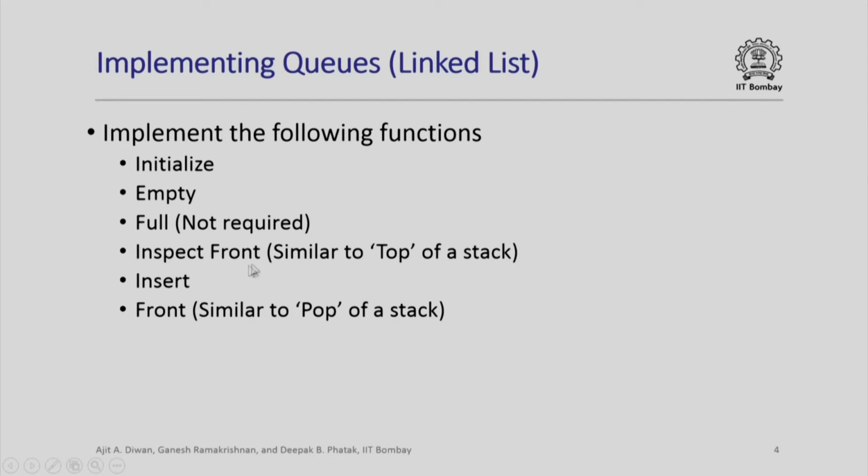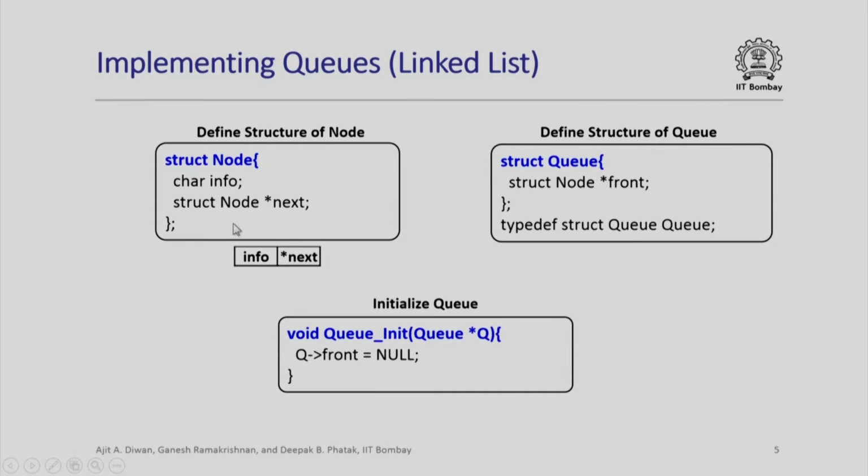Inspecting front, which is similar to the top of a stack, we will need a function to insert an element in the queue. This is a bit tricky because insertion must logically happen at the end of the queue. We will see how it is managed, just as we managed it in the case of arrays. Deletion, of course, is similar to pop of stack. Let us look at these functions now.